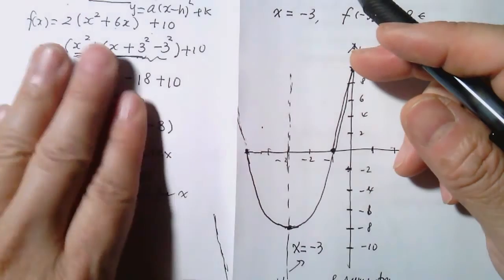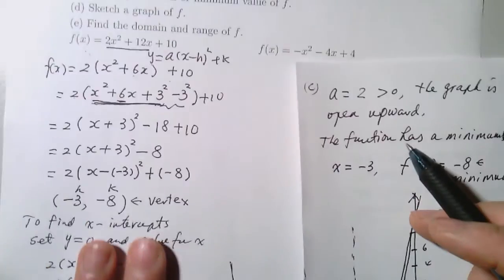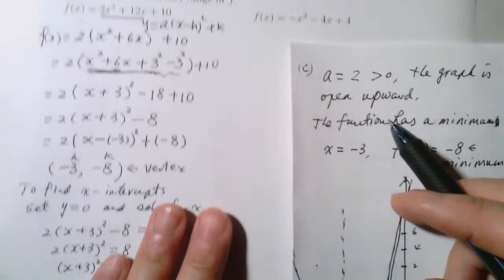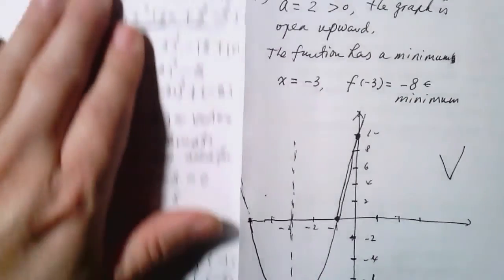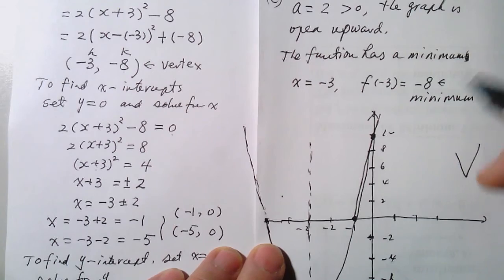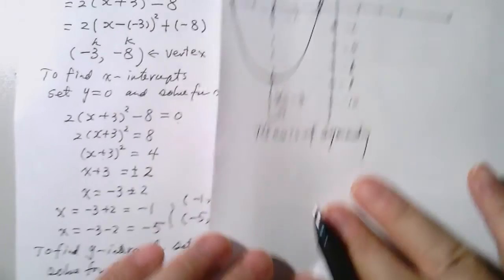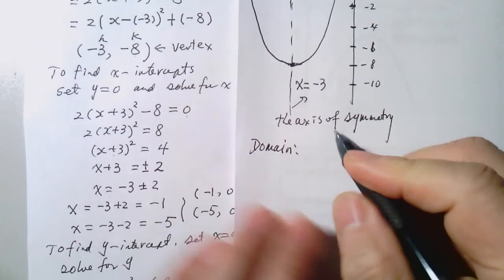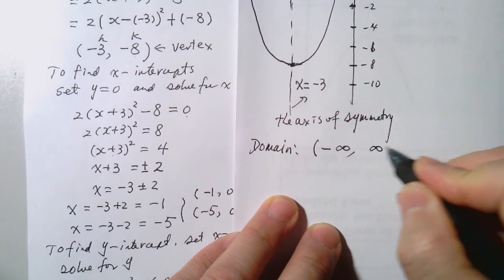So that's how we found the graph. Next it says to find the domain and range of the function f. For any polynomial, if it does not give you any restriction, the domain is always the same, from negative infinity to positive infinity.